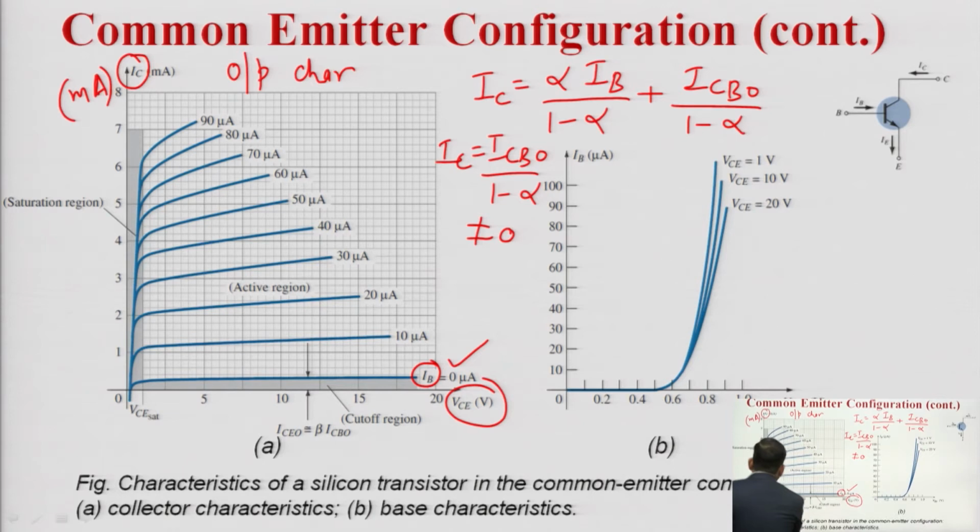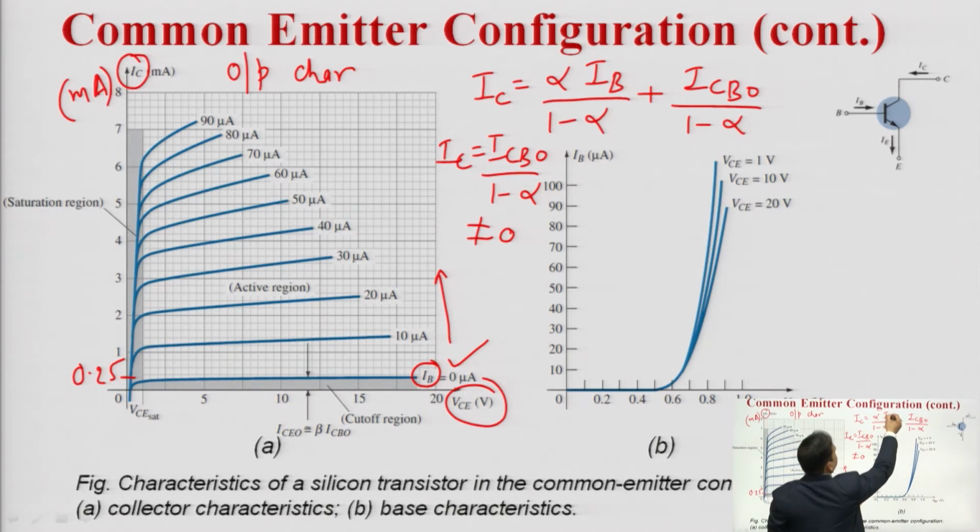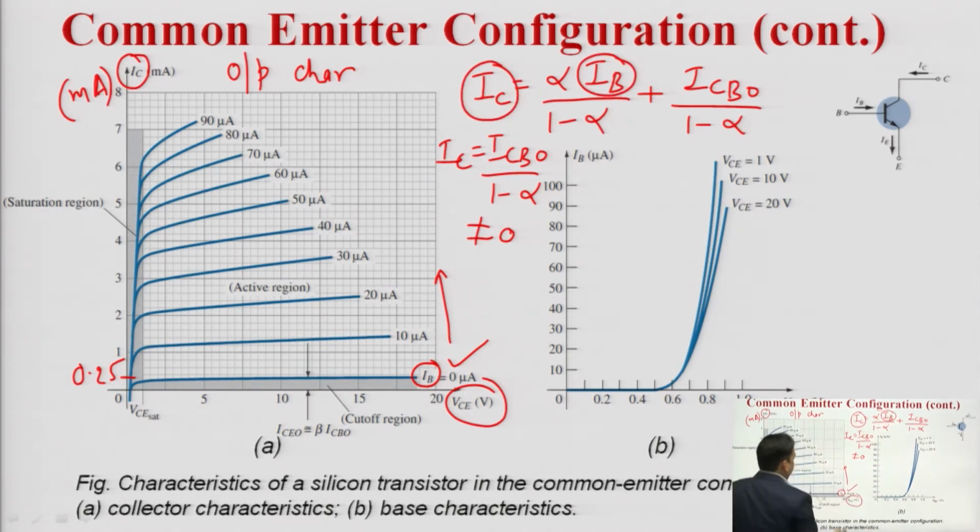We can see in the characteristics also that at IB equal to 0 we have some finite value of current, maybe something like 0.25 milliampere. As we increase IB, we can see from this relationship that IC is directly proportional to IB, so IC keeps on increasing. For 30 microampere we have something like this.